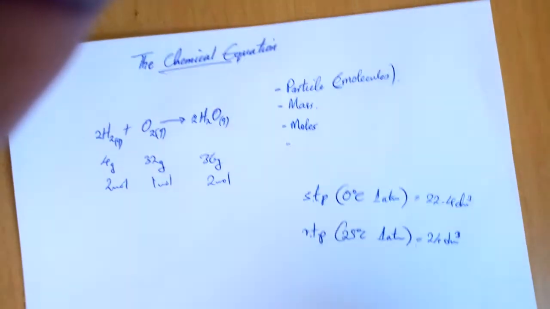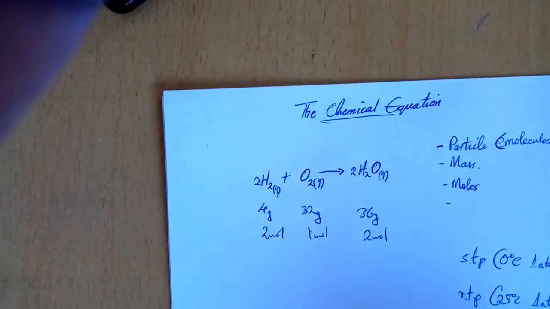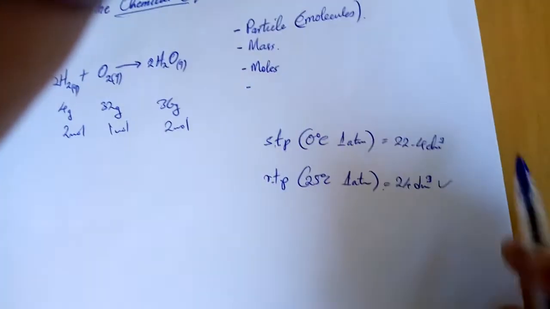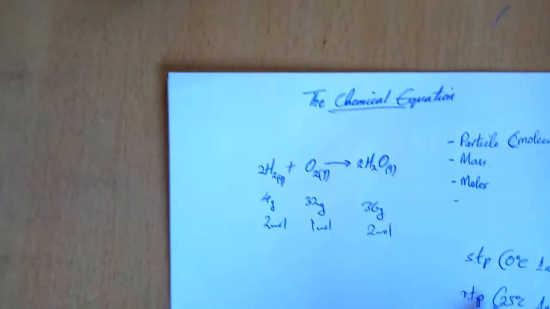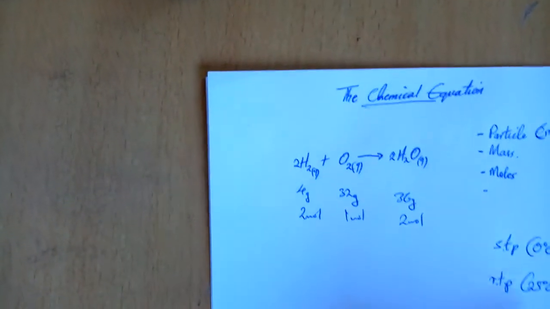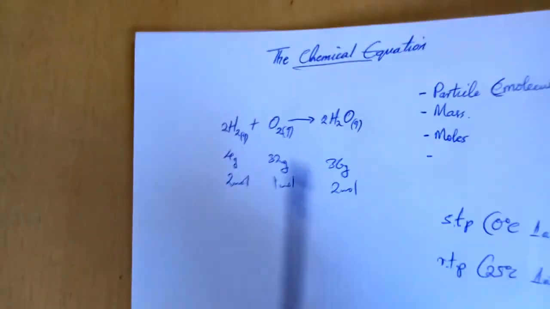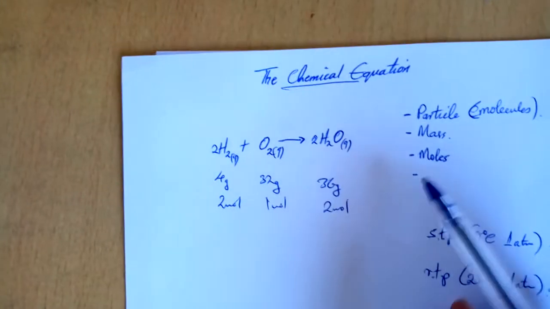If I follow RTP, room temperature and pressure, these are 2 moles. Remember, 1 mole occupies this much at RTP. Therefore, we say this is actually 2 moles.